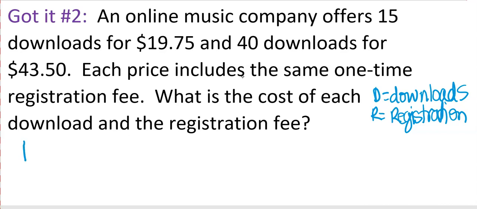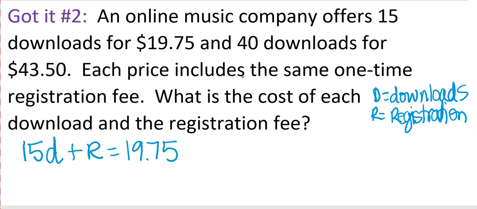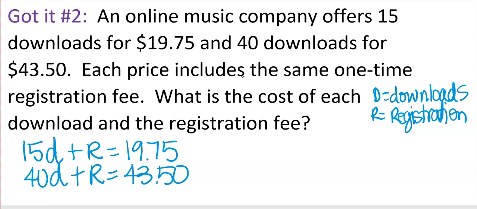So that would be 15D, or capital D, whatever. Plus registration equals 1975. Is that right? And what would the other one look like? Yep. And then we would solve them the same as the other. So figure out which one do you only pay once. The other one would be a product or multiply.